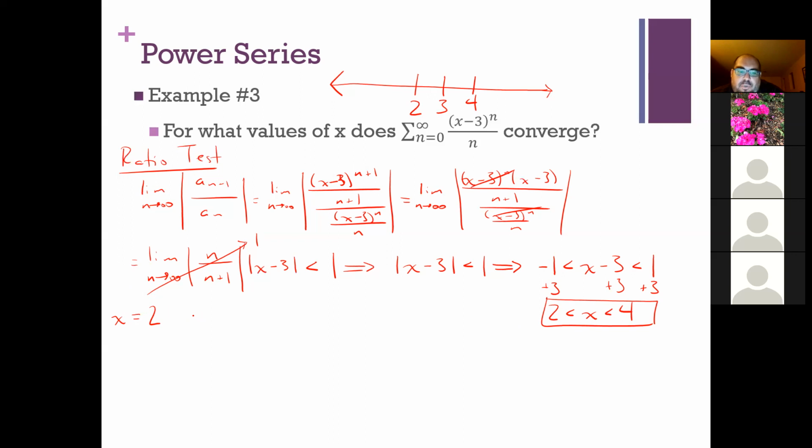So now what we're going to do is this. We're going to let x equal 2 and look at this series. So when x equals 2, we're going to have 2 minus 3 to the n over n, which is equal to -1 to the n over n. What does this series do?